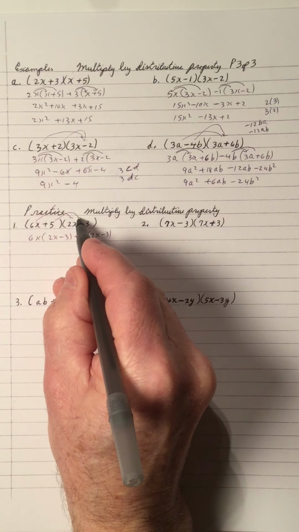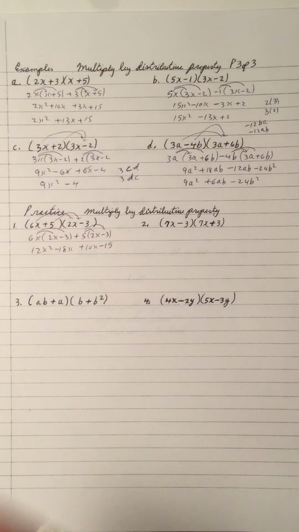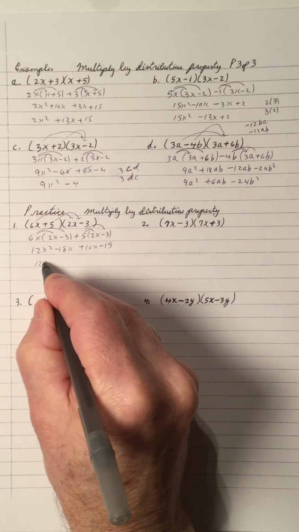That's a 12x squared when I multiply. And multiply there, I get a negative 18x. 5 times 2x, 10x. And 5 times negative 3 is negative 15. And your like terms are already grouped. So that's the final answer.